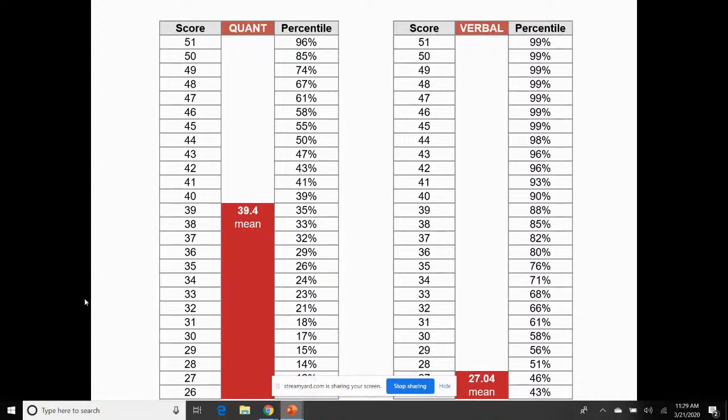A mean score for verbal sits almost at 50th percentile. The average score for quant is not anywhere close to 50th percentile.